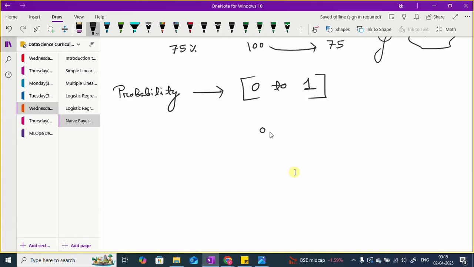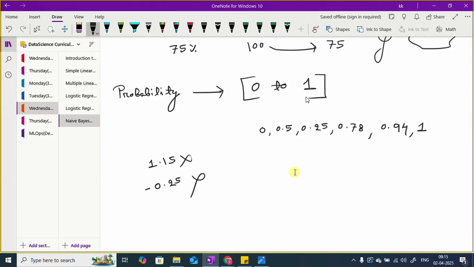It may be 0, 0.5, 0.25, 0.78, 0.94, whatever it may be, maybe 1. But you cannot say the probability of something is 1.15. No, this is wrong. And it cannot be a negative value either. You cannot say minus 0.25. This is also wrong. It cannot be negative and cannot exceed 1.